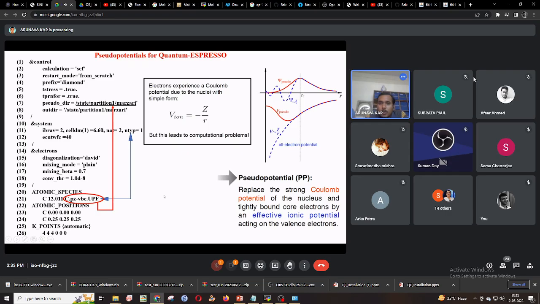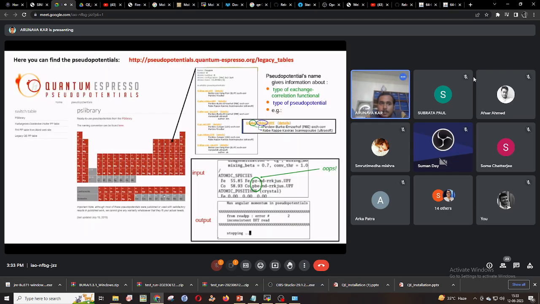Now, where can we find the pseudopotential? This is the path where you can find the Quantum ESPRESSO pseudopotentials, and nearly all atoms are present there. If you click on any atom, the pseudopotential of that atom will open up, and you can download it from there and use it.